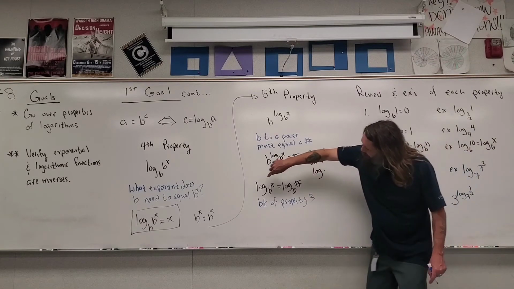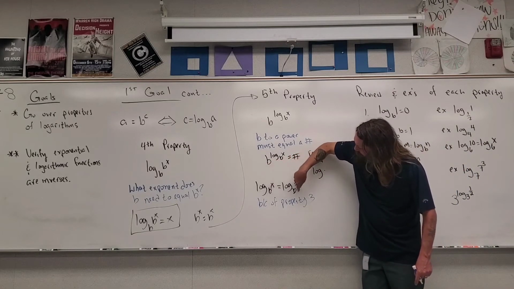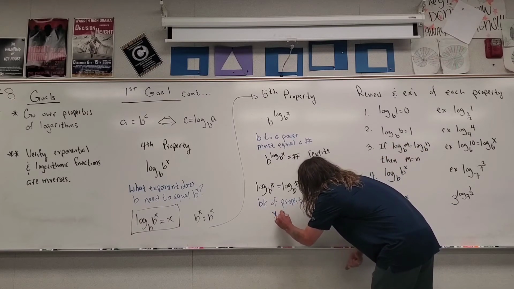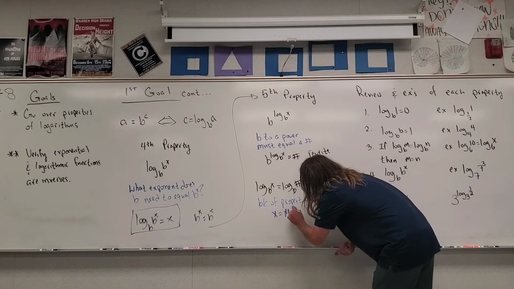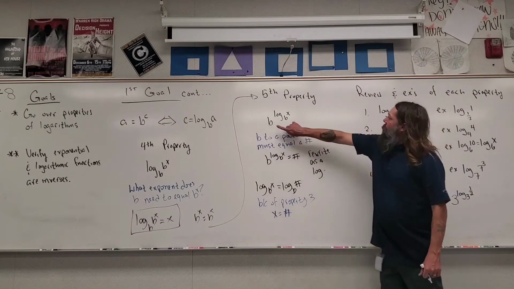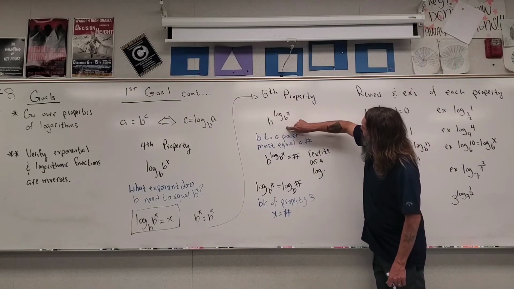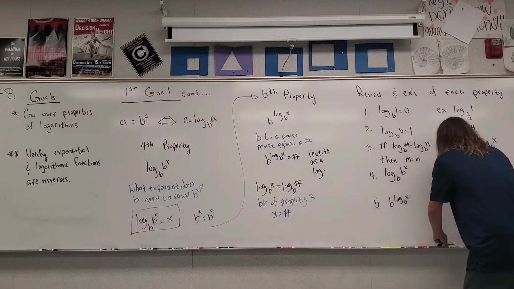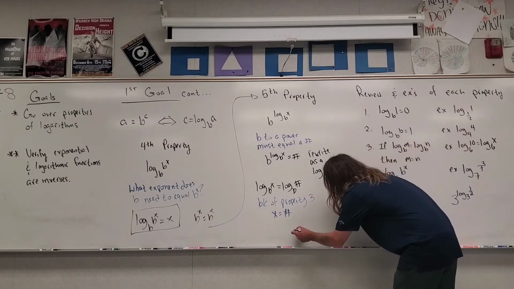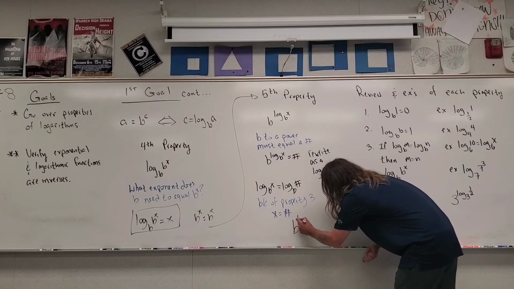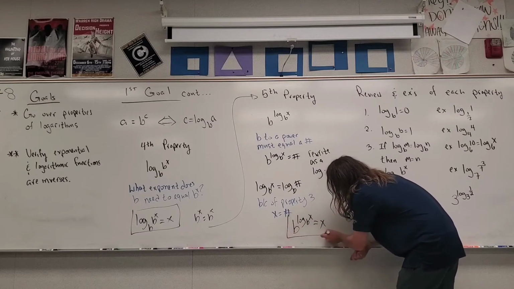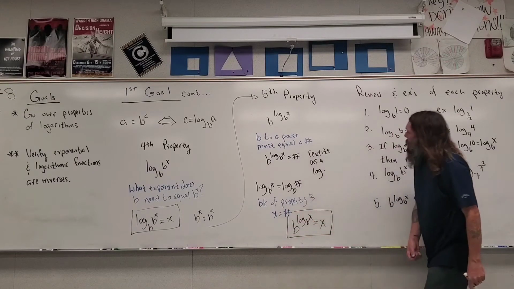Log base b of x equals log base b of the number, so that means that x is equal to that number. So b to the power log base b of x must be equal to x. That is our fifth property.